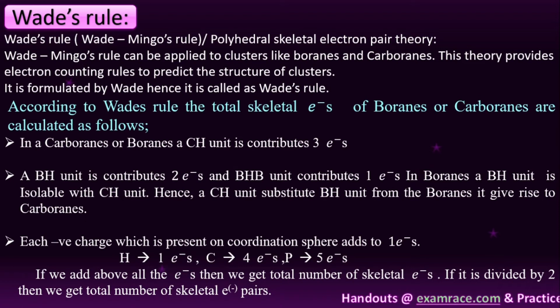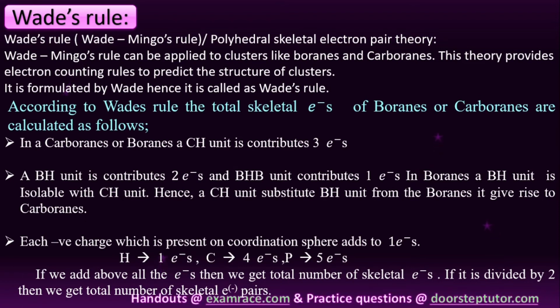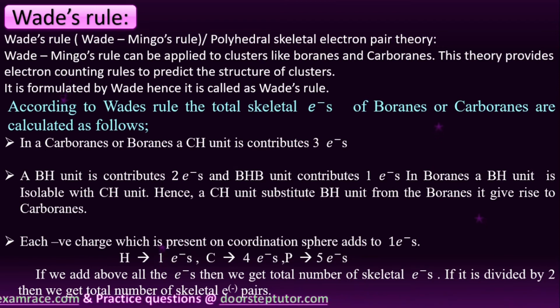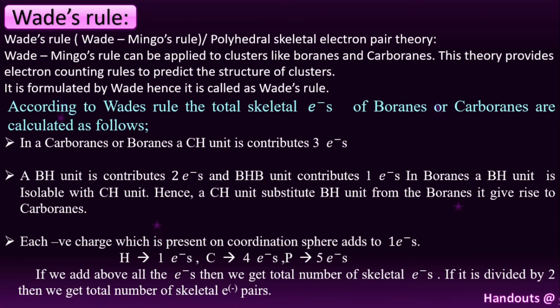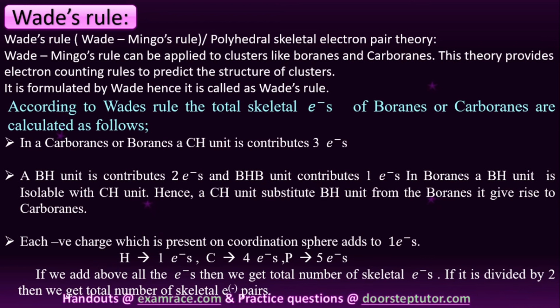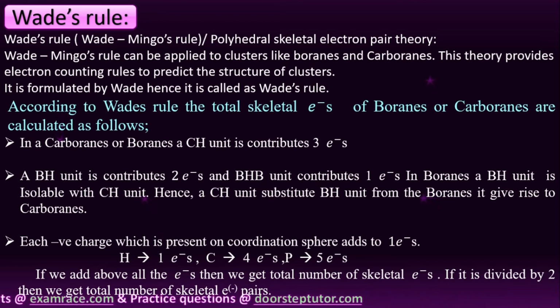The next important aspect of Wade's rule: hydrogen contributes 1 electron to the cluster, carbon contributes 4 electrons if any hetero atoms are present, and phosphorus contributes 5 electrons to the system. If we add all the above electrons, we get the total number of skeletal electrons.